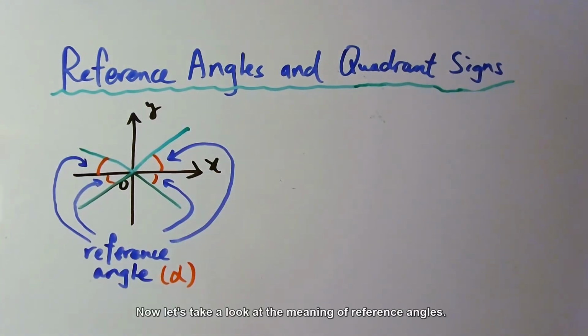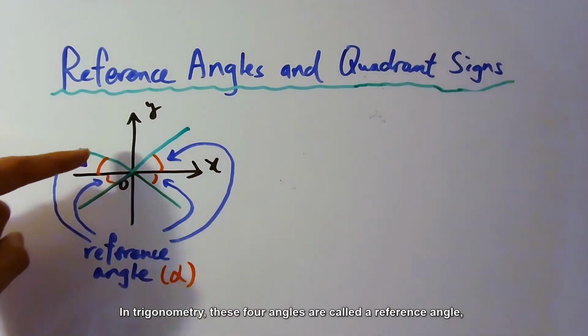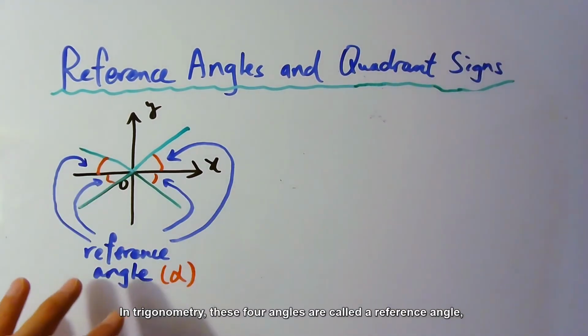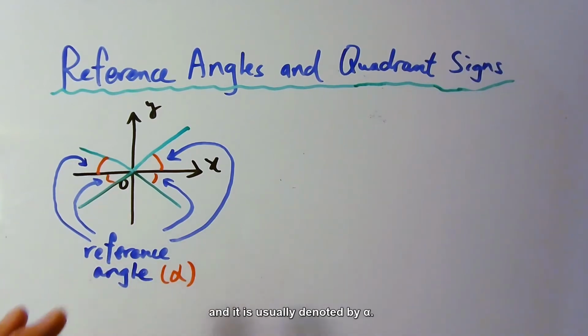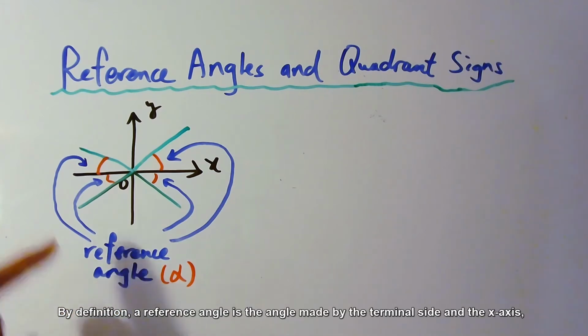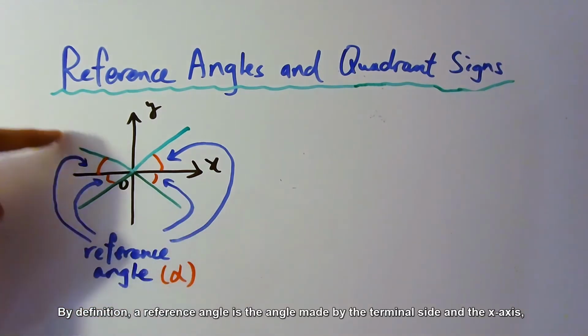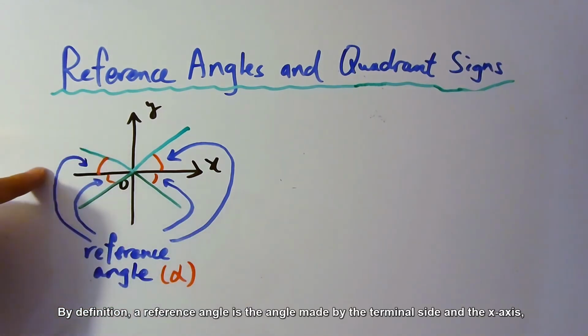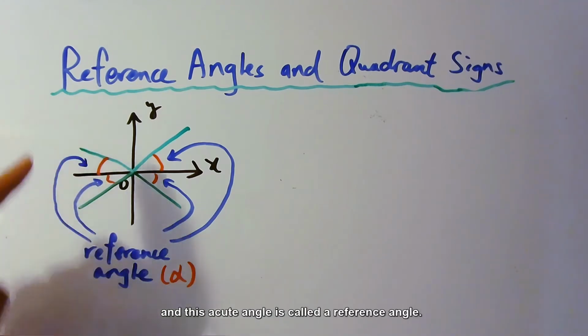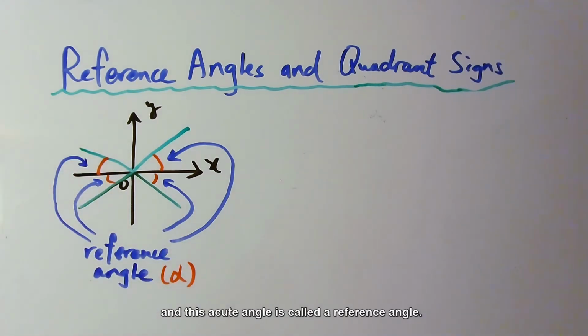Now let's take a look at the meaning of reference angles. In trigonometry, these 4 angles are called a reference angle, and it is usually denoted by alpha. By definition, a reference angle is the angle made by the terminal side and the x-axis, and this acute angle is called a reference angle.